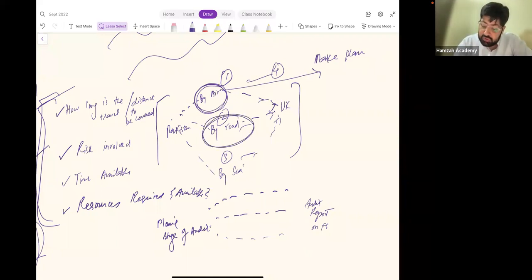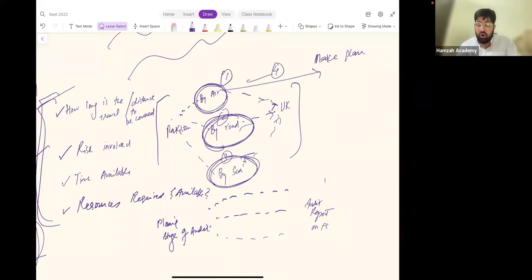If you choose by road, by ship, your plan will change accordingly. Whatever strategy you choose, plan is the implementation of strategy. It is actually putting strategy into action, detailed implementation of that. That is called plan. If strategy is changed, plan will change accordingly.